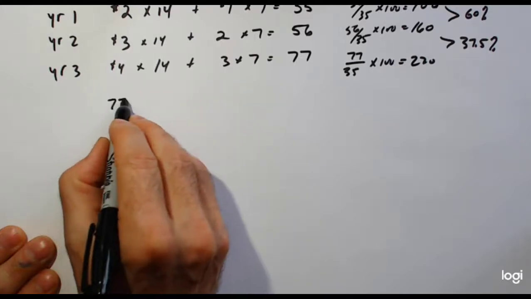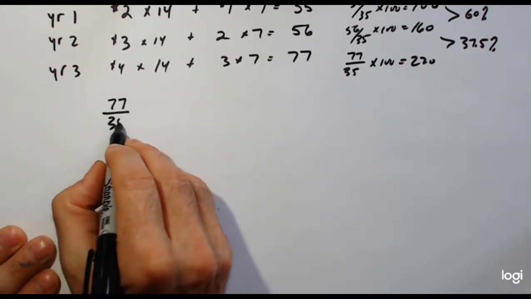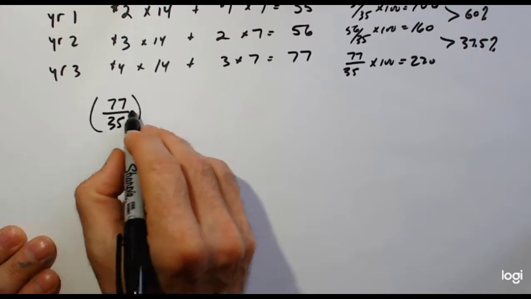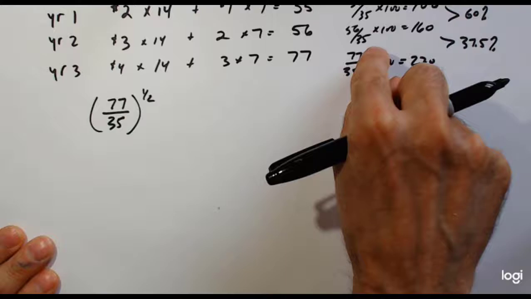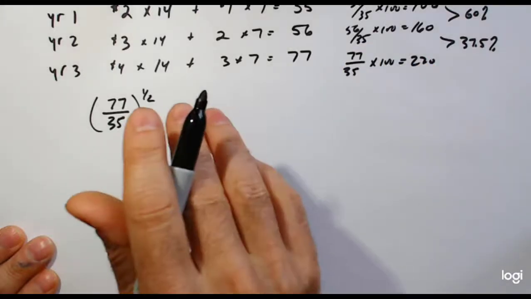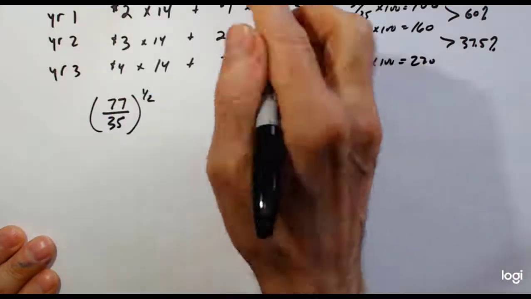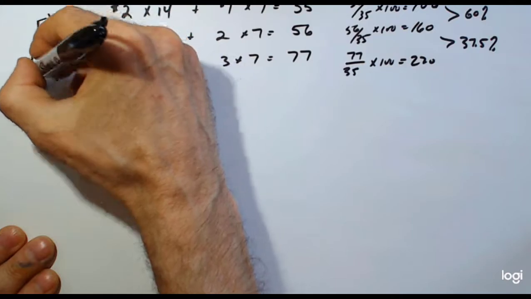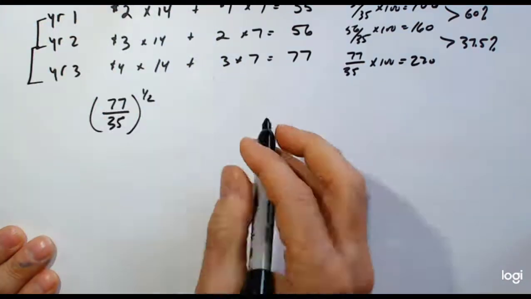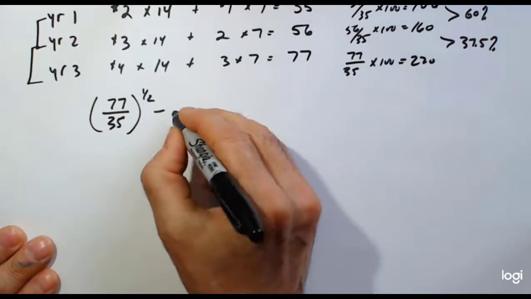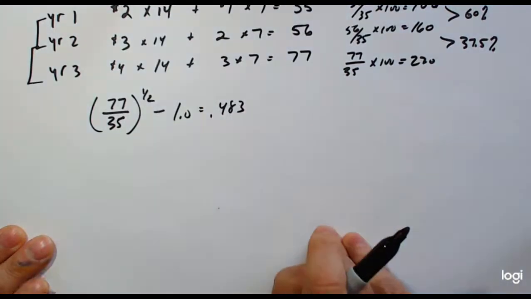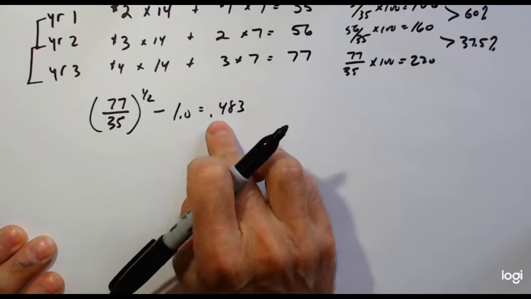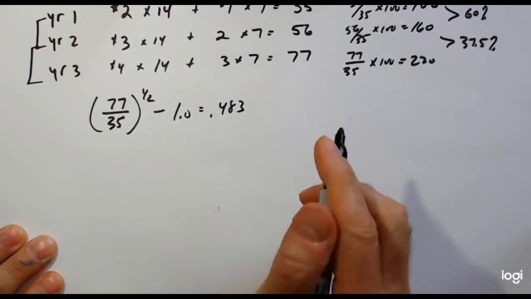Well, we could take the $77, divide it by the 35, take it to the 1/2 power, meaning that's the number of time periods we have here, the number of years that we have to change, because inflation is the change. And then if we subtract 1, we'll get 0.483, and that's the average inflation rate, 48.3% in this example.